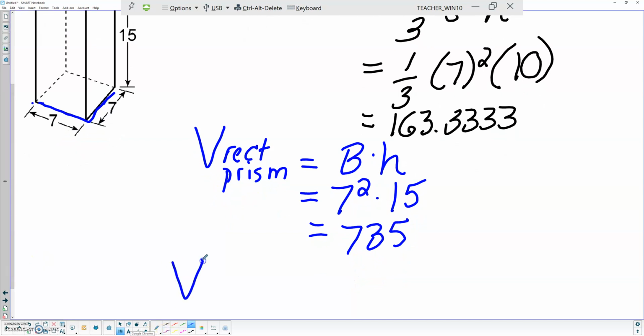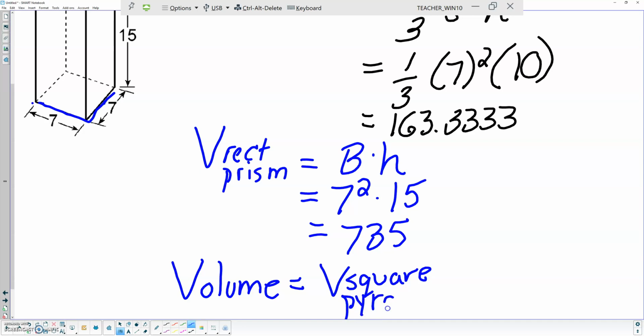Again, to get the total volume, we take the volume of the square pyramid plus the volume of the rectangular prism.